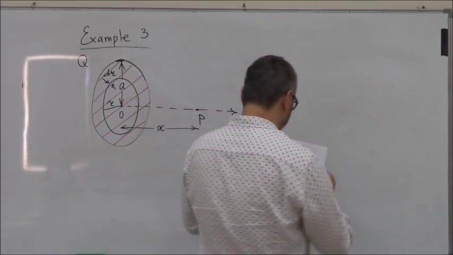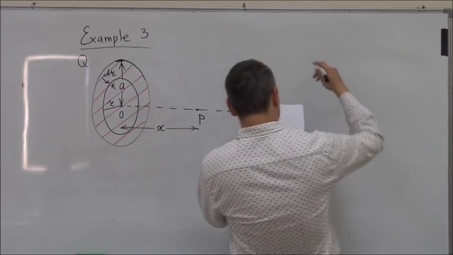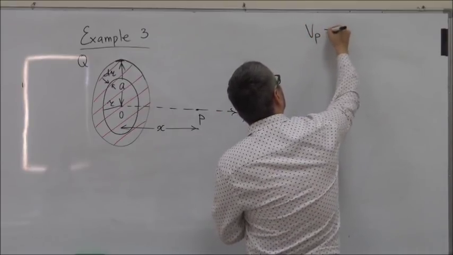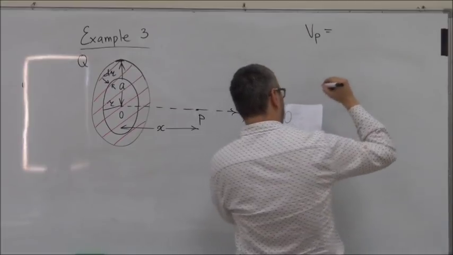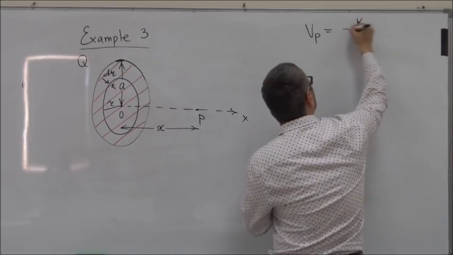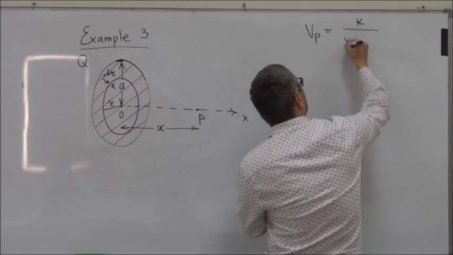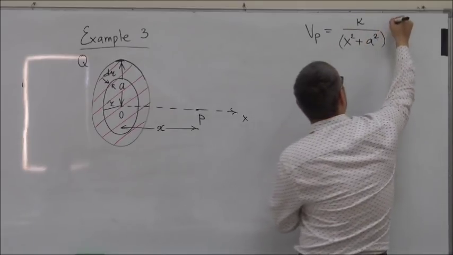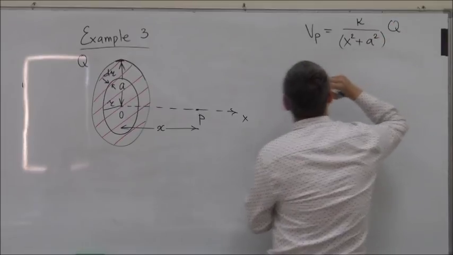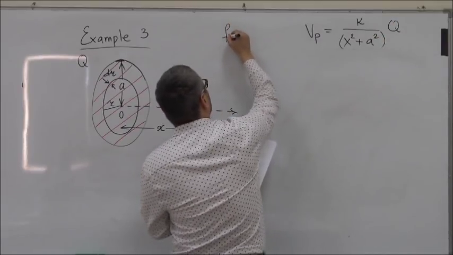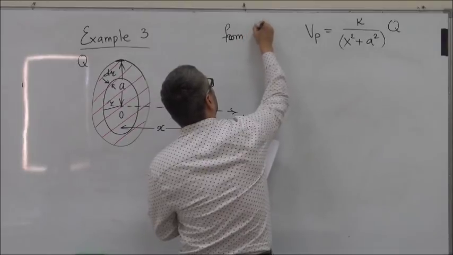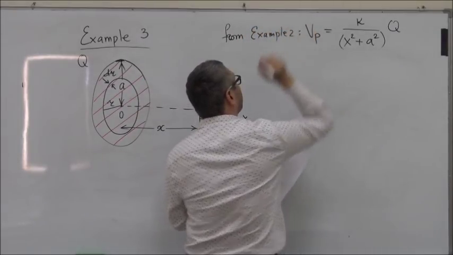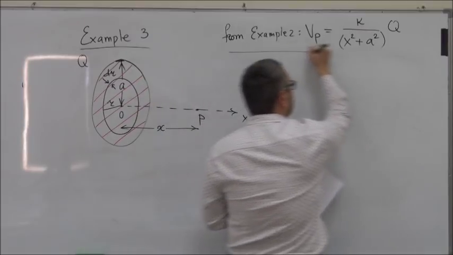In the previous example, we said that the electric potential at point P due to a ring of charge was equal to K over the square root of x squared plus a squared, times Q. So this is the result from example 2. However, we can't use this example directly.